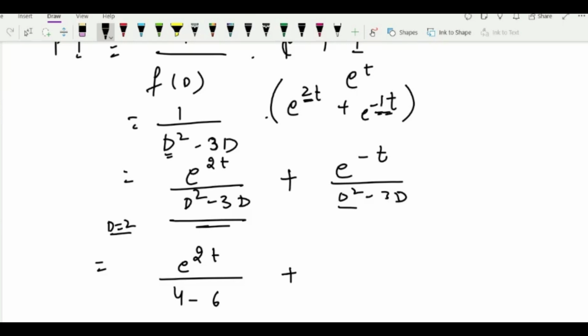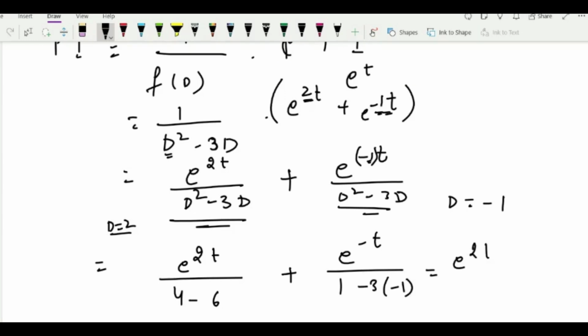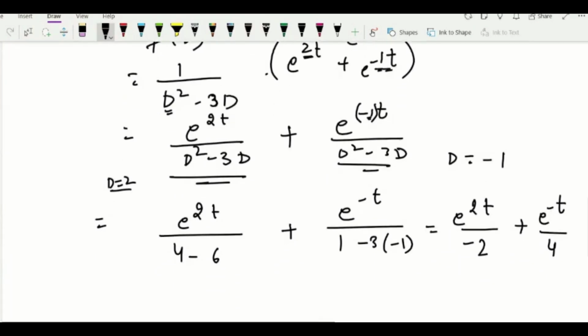Then substituting D is equal to minus 1 as a is equal to minus 1 here, so e raised to power minus t, when we put D is equal to minus 1, it becomes 1 plus 3. So our final PI is e raised to power 2t upon minus 2 plus e raised to power minus t upon 1 plus 3, that is 4.